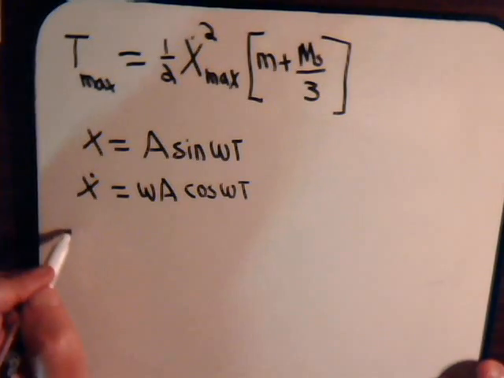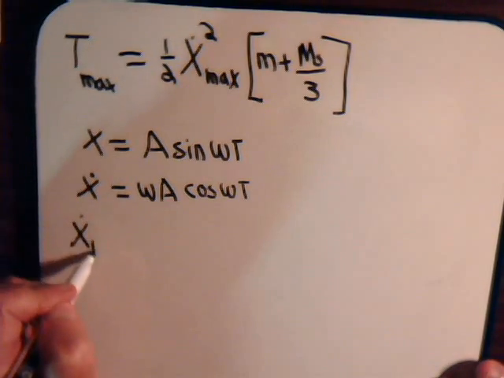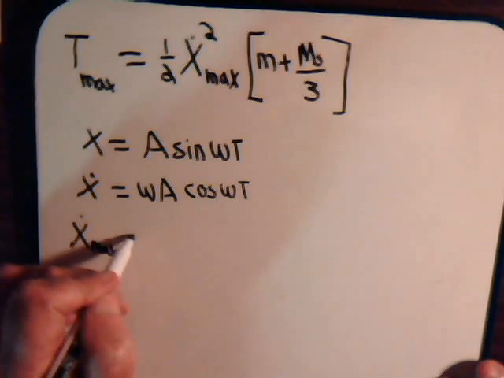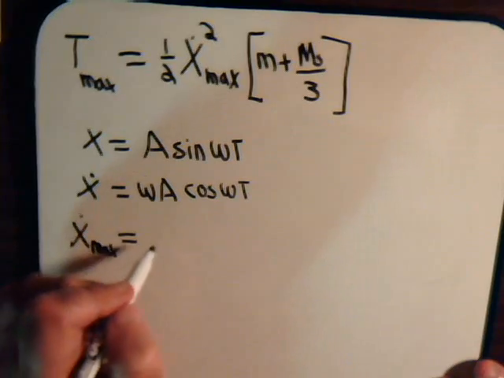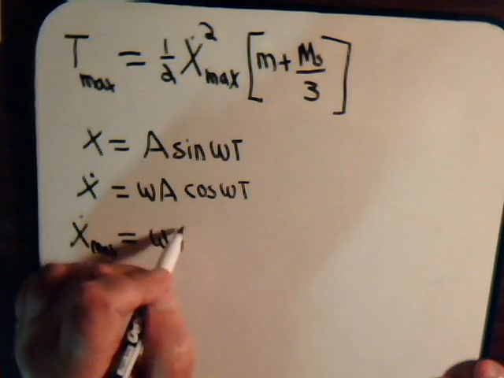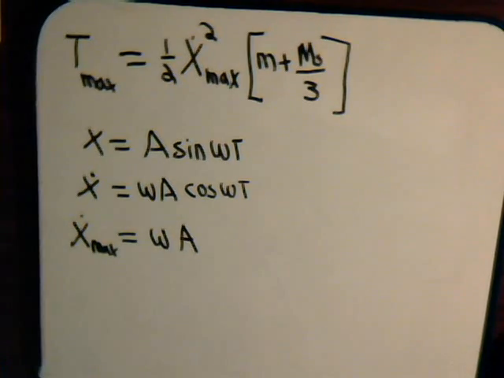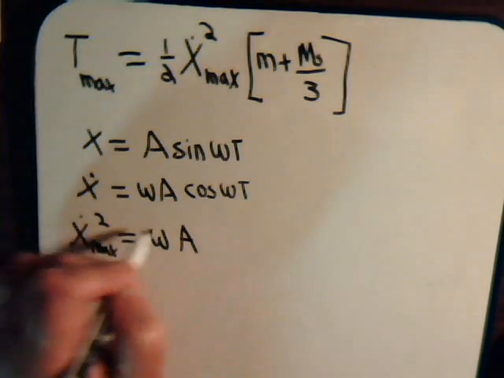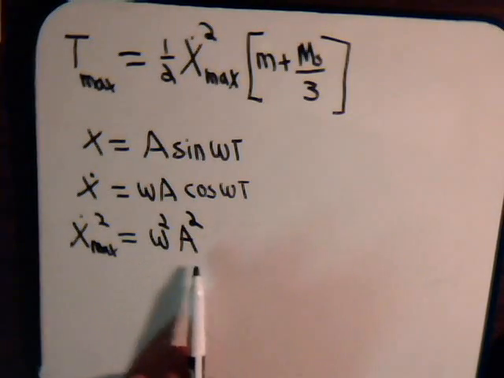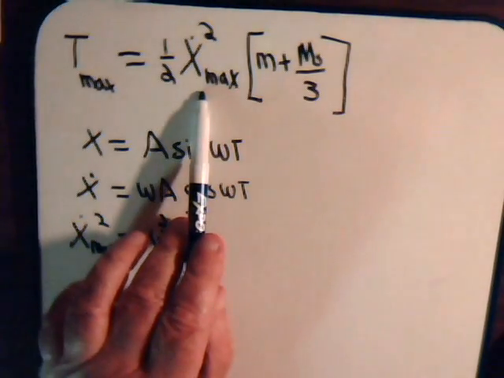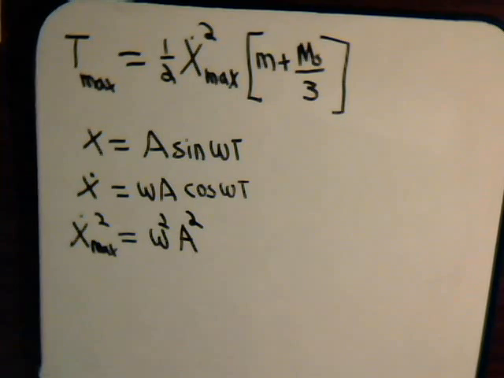Now, what will be the maximum value for it? Of course, that's when the cosine just equals 1. So there's x dot maximum. We want it squared, so that's just this. So we can write this in terms of x dot maximum squared.